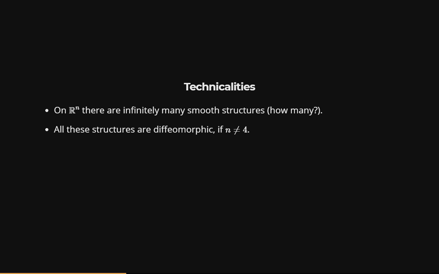You know what a diffeomorphism is. This is a bit tricky, however. It's a game on the definition. For n equal 4, there are smooth structures on R^4 that are not diffeomorphic. So R^4 is a very, very wild beast.